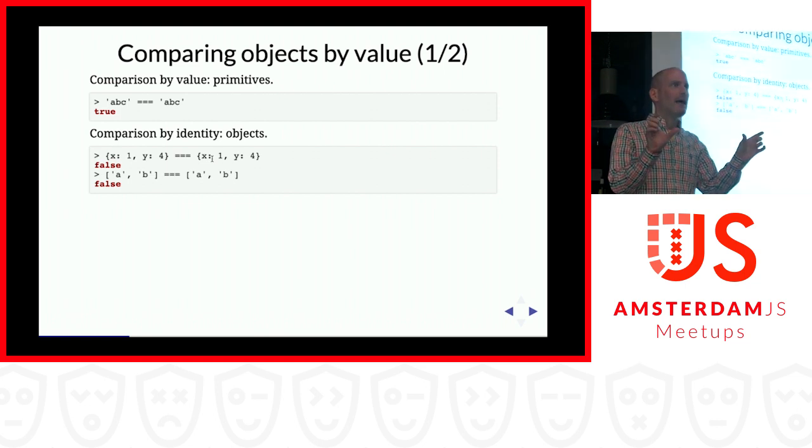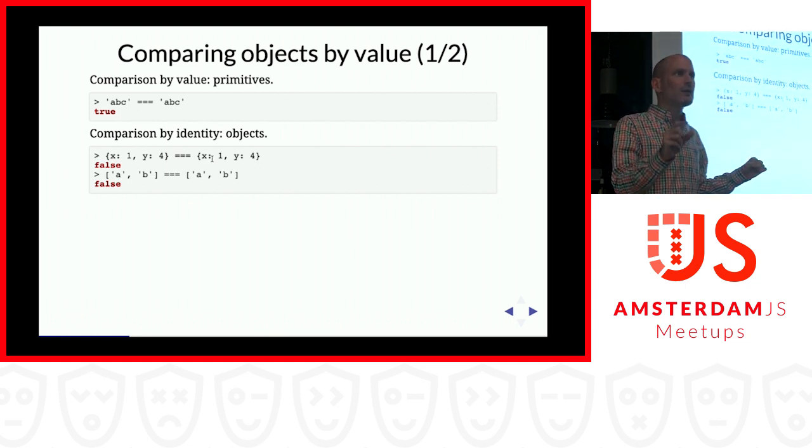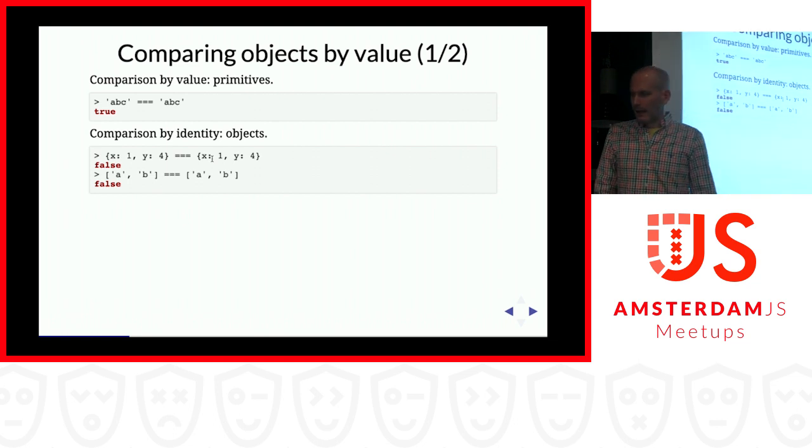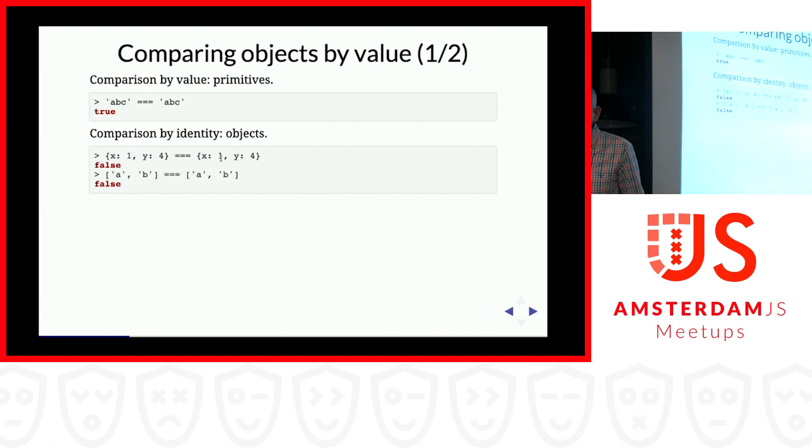So the only object that is equal to an object is the object itself. And you can see here that intuitively, you probably want something different. Because intuitively, these two objects are the same, but we're not comparing by value, we're comparing by identity.